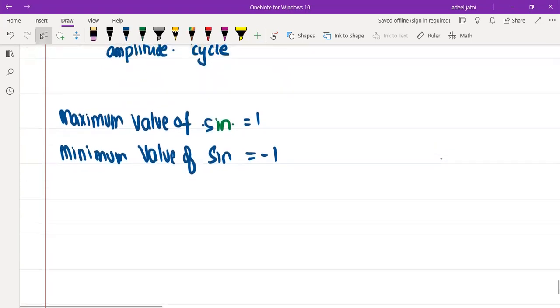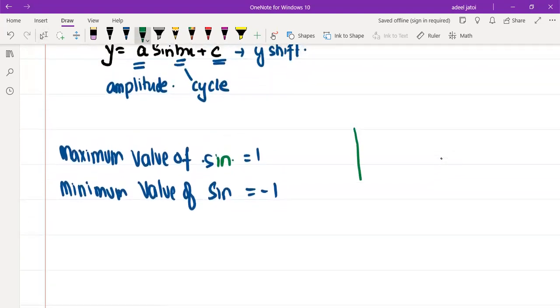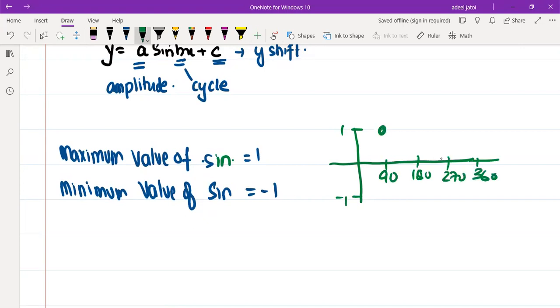You need to understand that your sine cycle normally goes 90, 180, 270 and 360. 90 is 1, 180 is 0, 270 is -1, 360 is 0, and then it starts from 0 again, right?